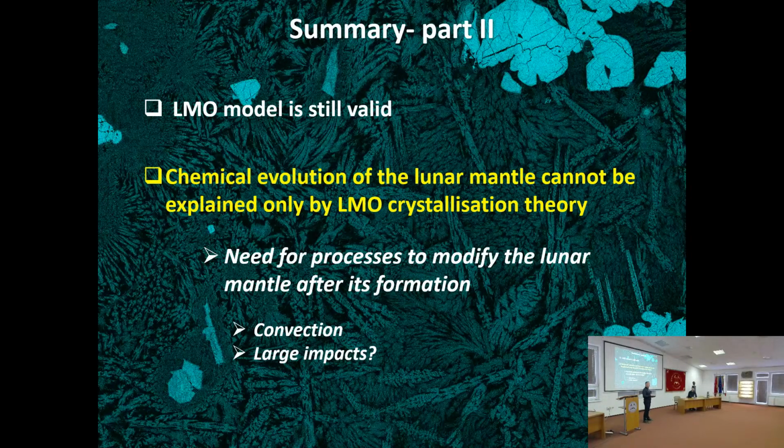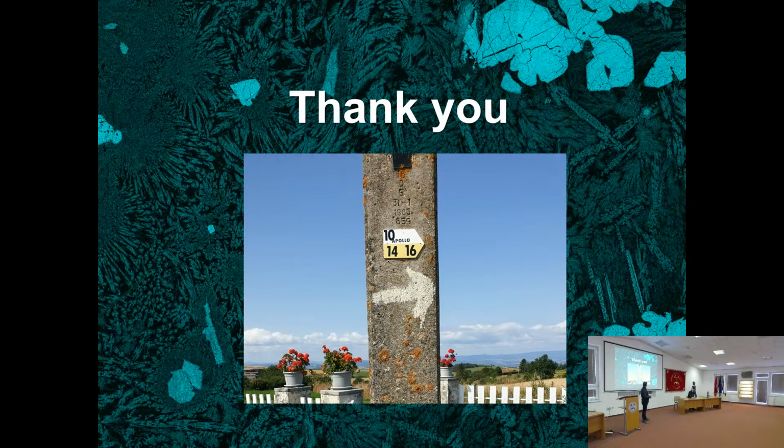We need something else. We need convection, and people have been talking about even large impacts to transform the mantle, to produce new chemical components, to produce lunar basalts. And that's it. I thank you very much.